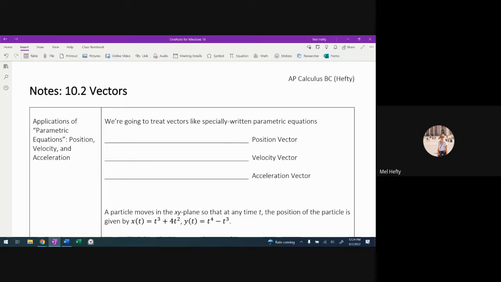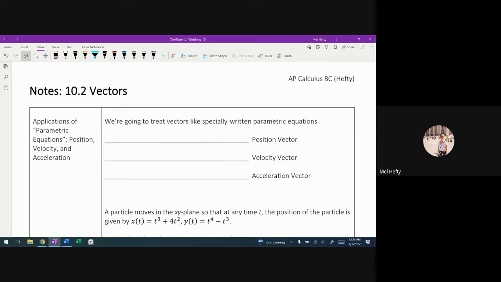All right, so as we do vector, these are going to be just like parametric from last time where I have an x equation and a y equation, but we're going to put an overlay of some physics on it, essentially. So I have a specific way of writing vectors. Do you guys do vectors in physics? Do you use i and j or do you use angle?